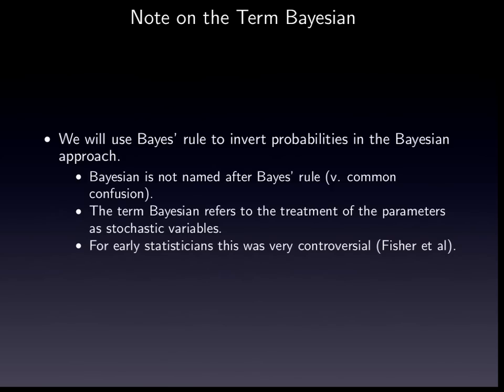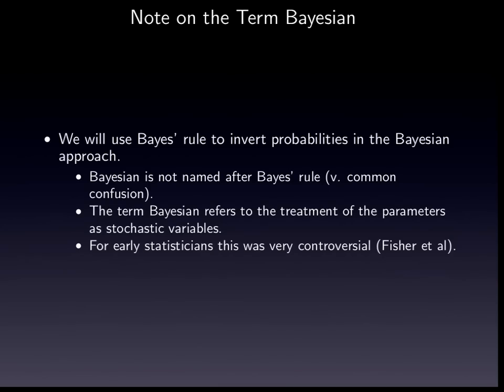It's not called, and this is important, 98% of people who naively use machine learning don't understand this. It's not called the Bayesian approach because of Bayes' rule. Bayes' rule is not a controversial thing at all. It's just a rule. It's derivable in like 2 steps. It's called the Bayesian approach because the term Bayesian refers to the treatment of the parameters as stochastic variables.